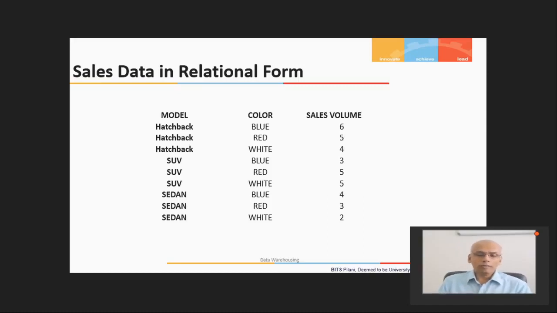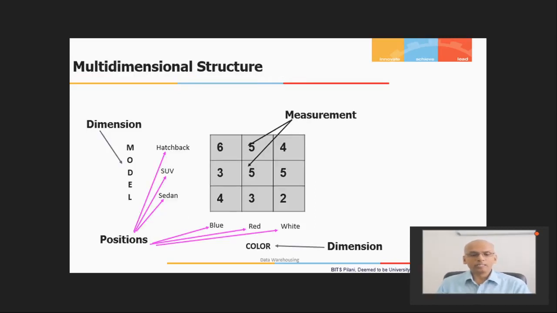So now if we want to represent the same information in the form of multidimensional structure, this is what we are going to get. The information is available in a 2-dimensional structure.